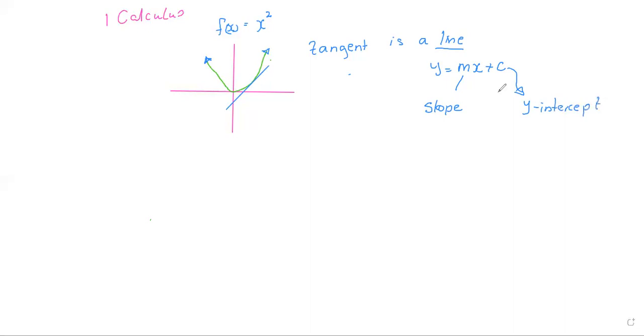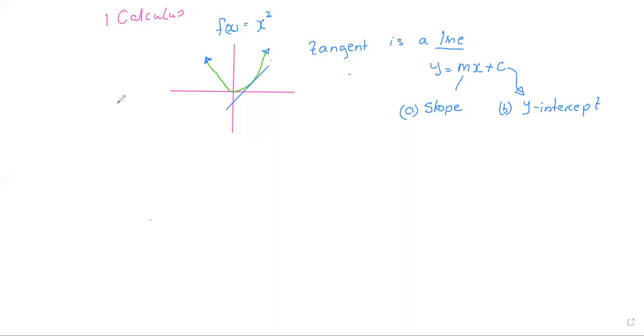So for you to be in the position to give the equation of a line, you need to have A, the gradient or the slope, and B, the y-intercept. Then you can give the equation of that line.